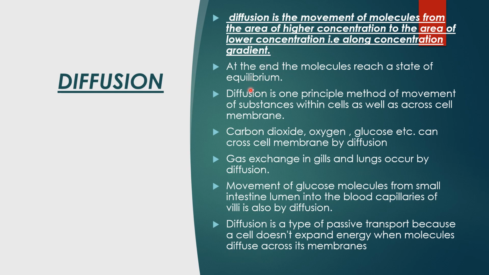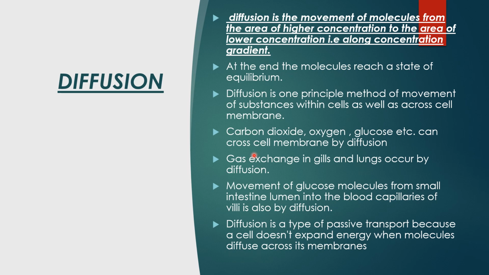At the end, the molecules reach a state of equilibrium. It means when molecules move from higher concentration to lower, ultimately the molecules on both sides will become equal. Diffusion is one principal method of movement of substances within the cell as well as across the cell membrane.